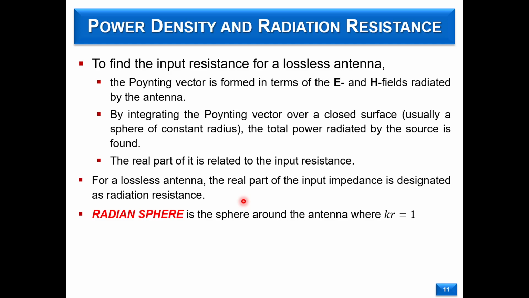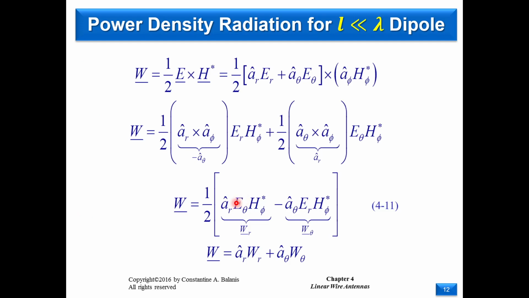Much of the analysis is based on this. Calculating the directivity, the effective area, the resistance, as we're going to see, all depend on finding the Poynting vector and the total radiated power. Okay, so W, the power radiation density, has this expression as we said before, and this is the time-average expression of the radiation power density.